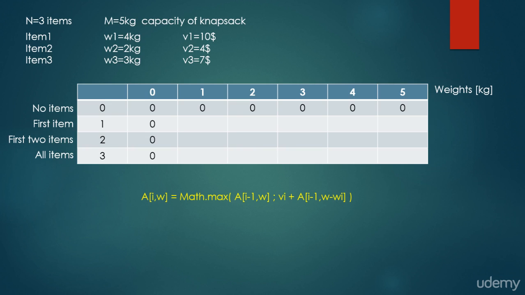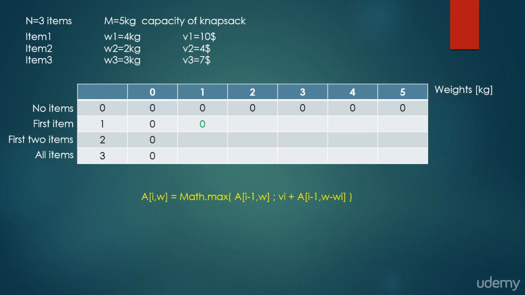If we have only one item, the first item that has 4 kilograms and a value of $10, of course we cannot put it into the knapsack if it can carry only 1 kilogram. The header of the columns represents how many kilograms the knapsack can take, and in this situation 4 kilograms is greater than 1, so we put a 0 in this position.